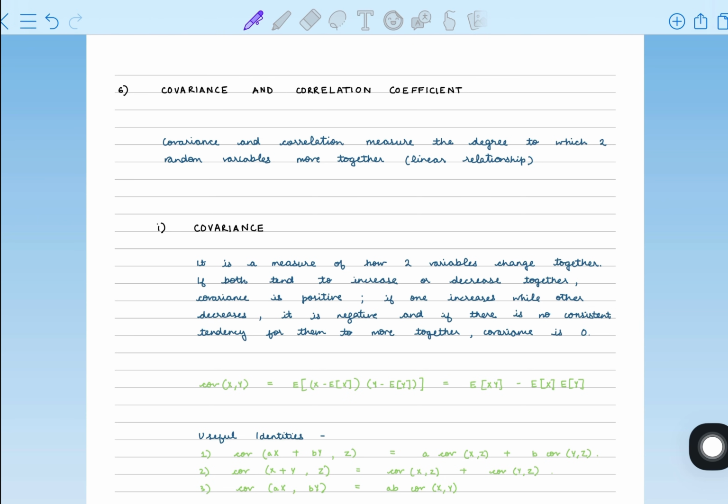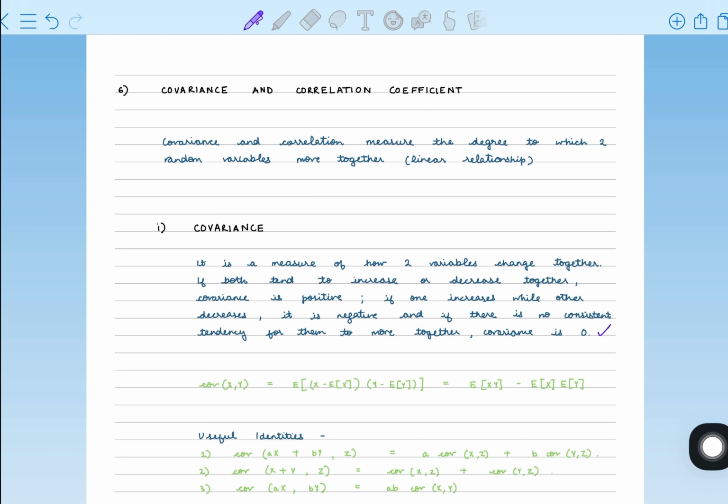Covariance measures how two random variables change together. If both variables tend to increase together or decrease together, then the covariance is positive. If one variable tends to increase while the other decreases, then the covariance is negative. If there is no consistent tendency for the variables to move together, then the covariance is approximately 0.